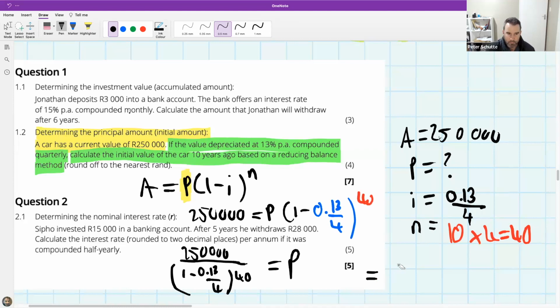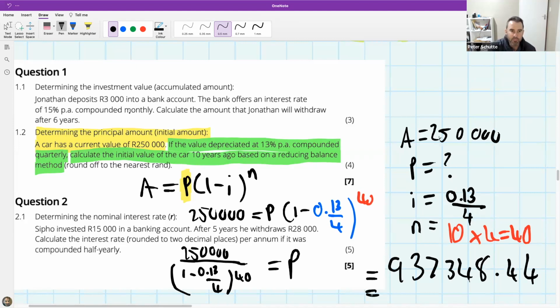I am getting as the initial value, and it said round off to the nearest rand, so the initial value is 937,348.44.